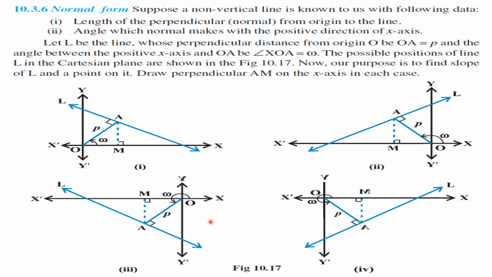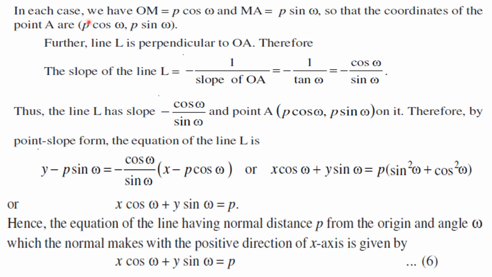Understood all these 4 cases? In each case we have OM is equal to P cos omega, and MA is equal to P sin omega. So the coordinates of the point A are the ordered pair (P cos omega, P sin omega). Understood this point?